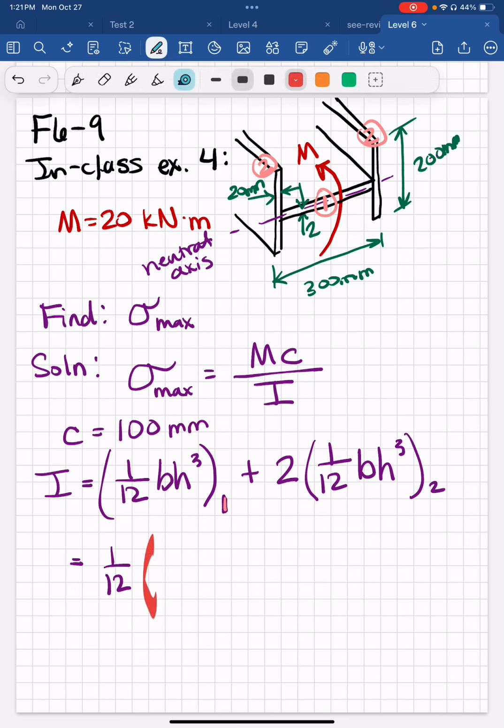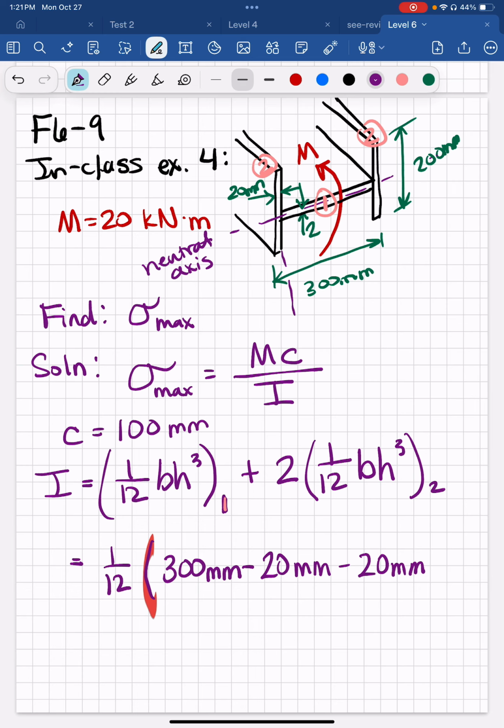So 1/12, the base would be 300 millimeters minus 20 millimeters minus 20 millimeters, which gives us this length here for the base, and then times the height cubed.